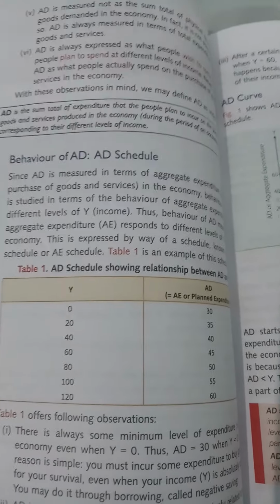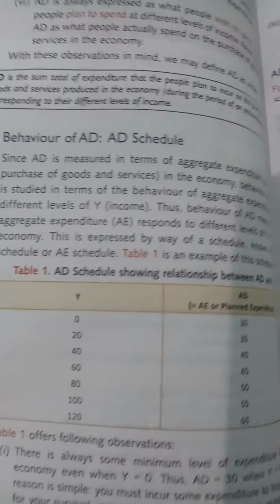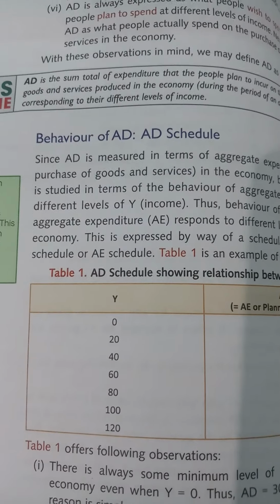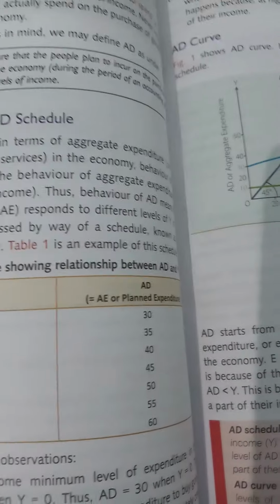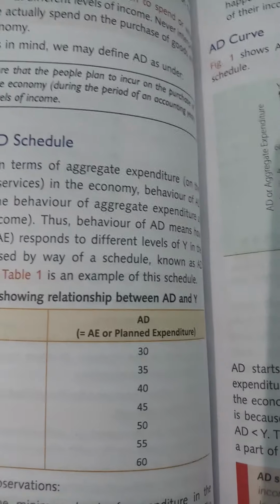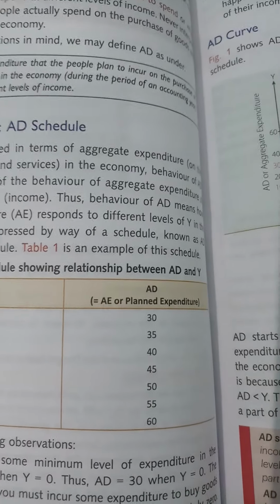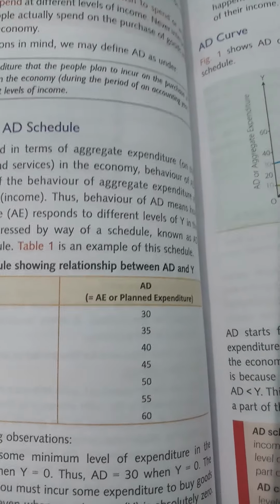Now you can see that the value of Y increases from 0, 20, 40, 60, 80, 100, 120, while at the same time AD, that is equal to AE, also increases simultaneously: 30, 35, 40, 45, 50 and so on.